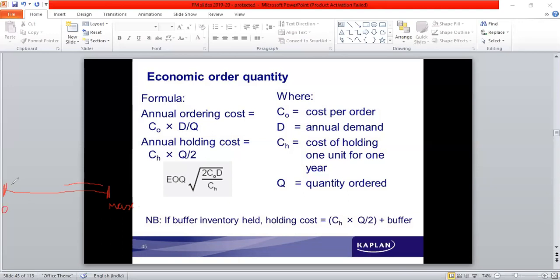Material generally is not instantly purchased. It is not that they walk into a showroom and buy material that is kept available. That is not the way in which material is purchased.